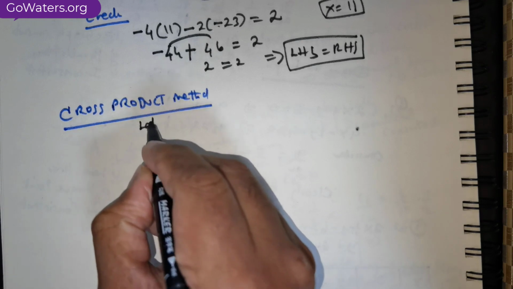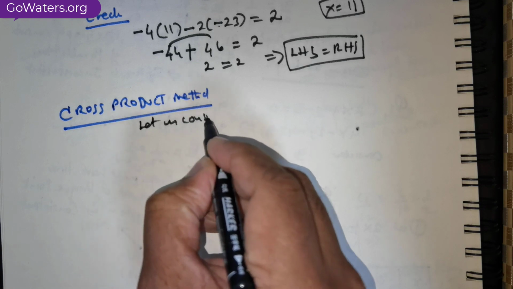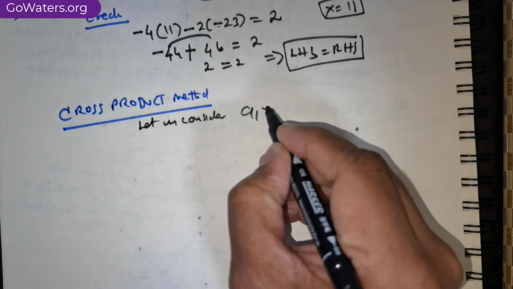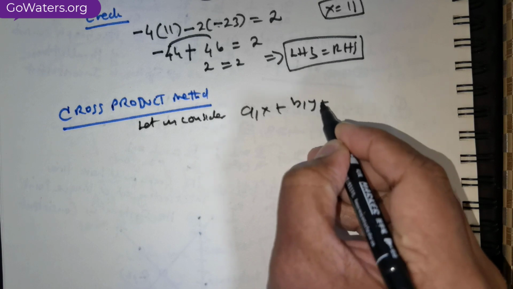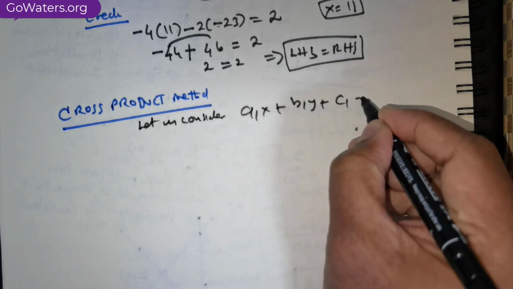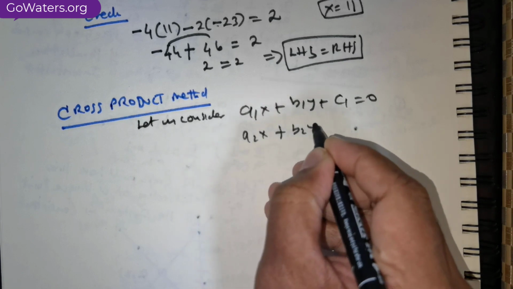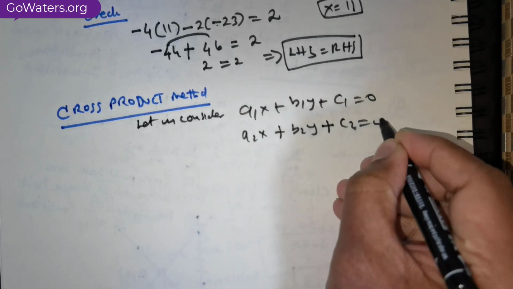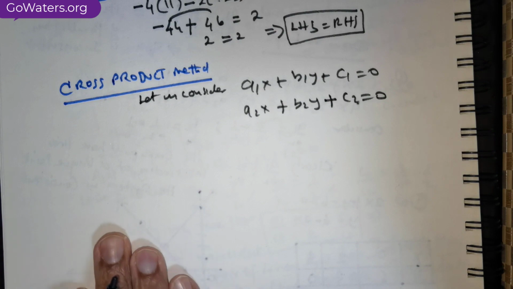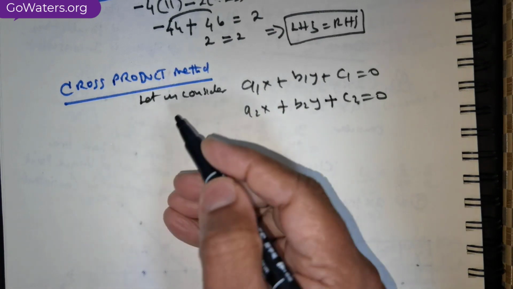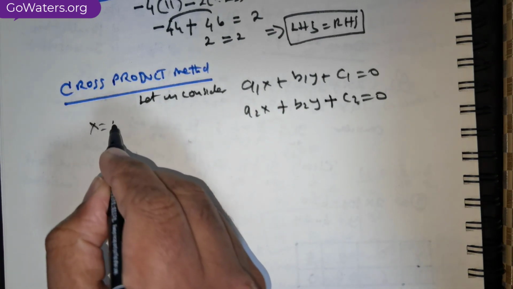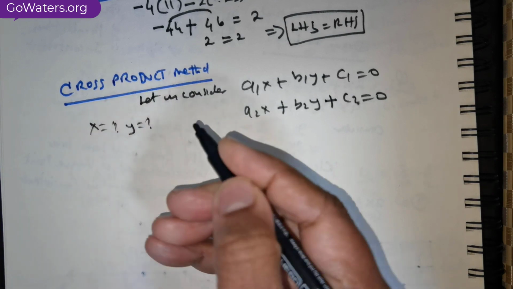Let us consider a1x positive b1y positive c1 is equal to 0, and a2x positive b2y positive c2 is equal to 0. Now we are expected, or we are asked to find the value of x, find the value of y.